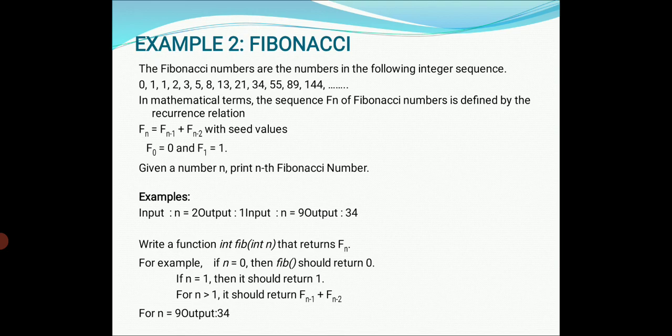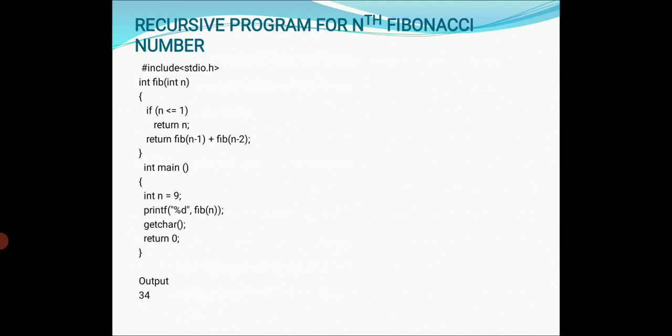Then print fib of n, the fib of the 9th position. Then return 0. So the output of this program is 34, because the ninth Fibonacci number is 34. So this is the end of the session. Thank you.